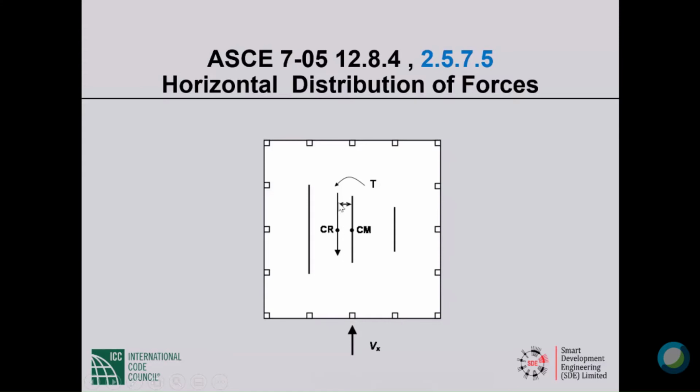That means there is an eccentricity between the center of mass and the center of rigidity, which will cause torsion. This picture is deficient in that the torsion is always resisted not just by the elements in one direction, but also those elements, the perpendicular elements. And I have not brought that into the picture because it would complicate it.